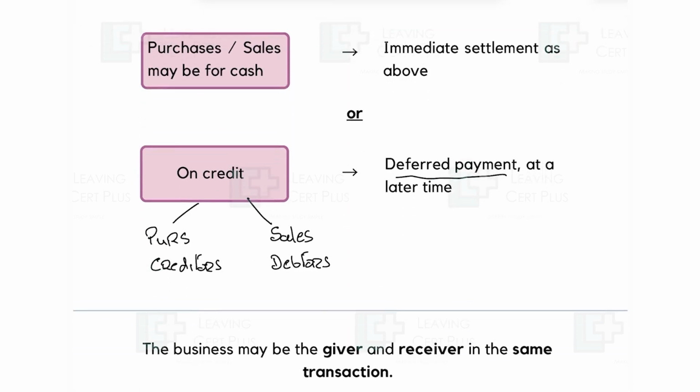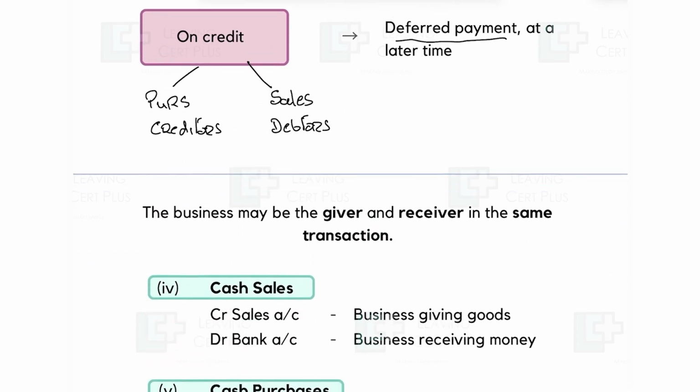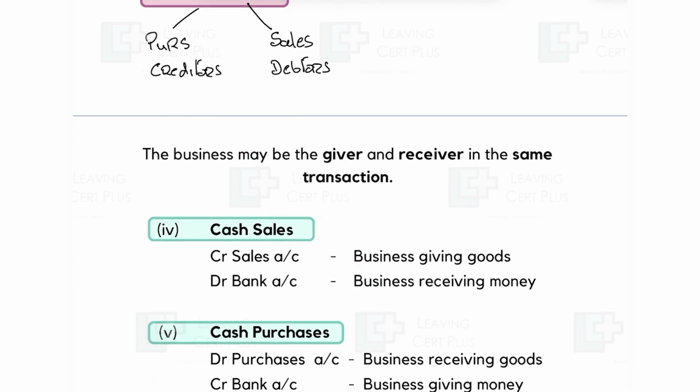Now, that introduces you to a different type of transaction, because in this case, the business is both the giver and the receiver in the same transaction. Let me try and give you an example here. So you go into a shop and you buy a can of Coke, right? You're a cash customer. So in other words, say you are the business, you're giving money and you're receiving the goods.